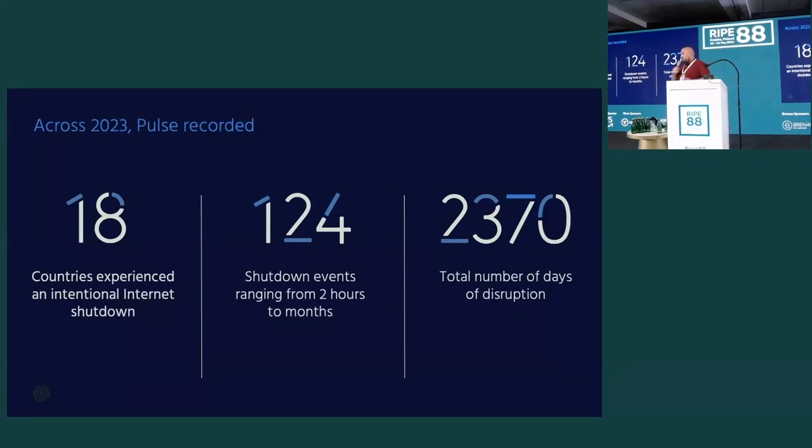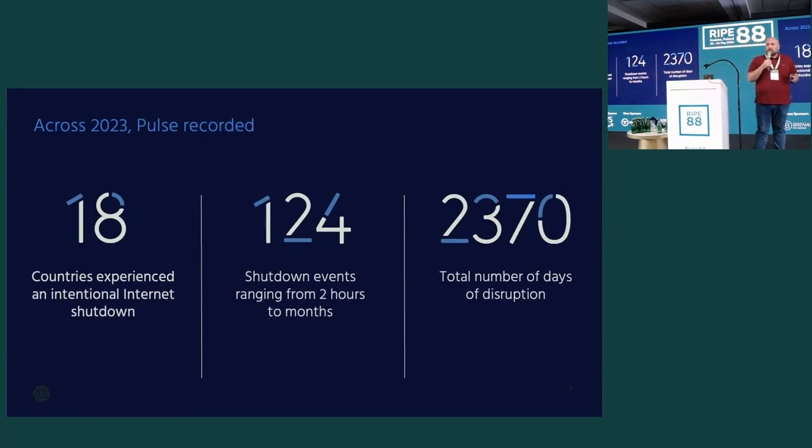So we document cases of artificial Internet limitations that result in limitation of access to the Internet or shutting down of the Internet. And in 2023, we recorded 124 shutdown events from 18 countries.